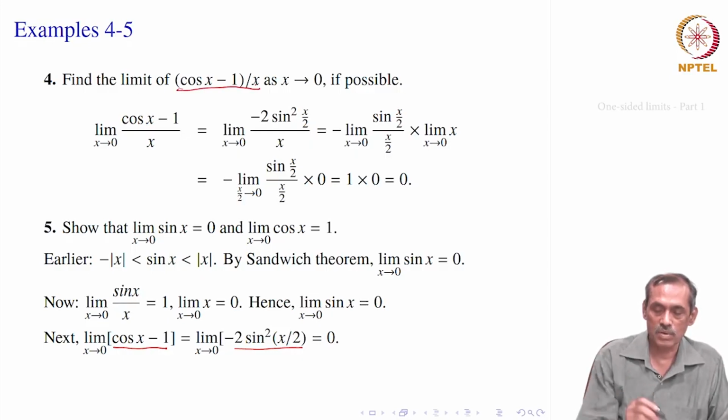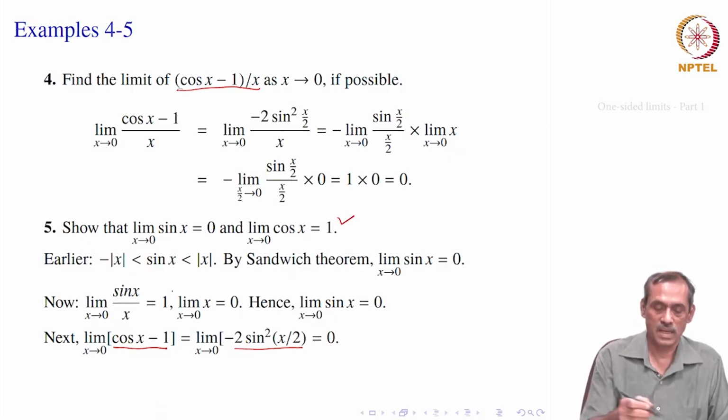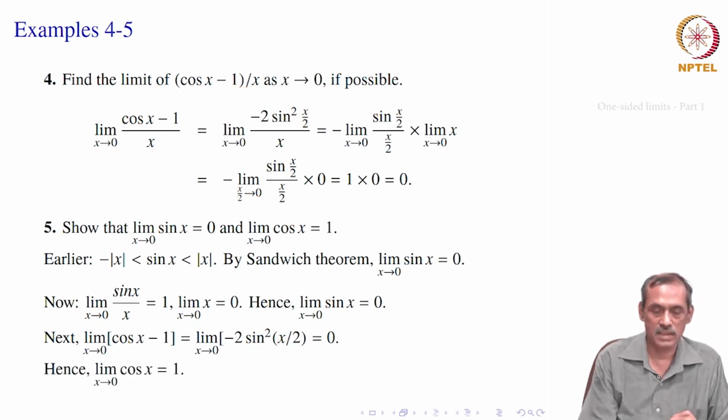This limit we know exists and the limit of the denominator as x goes to 0 is 0, so the numerator limit must also be 0, as we have done here. In the same way you can conclude that the limit as x goes to 0 of cos x minus 1 equals 0, and that gives the limit of cos x equal to 1. So this is another way of doing the same old problems. Okay, let us take another example maybe.